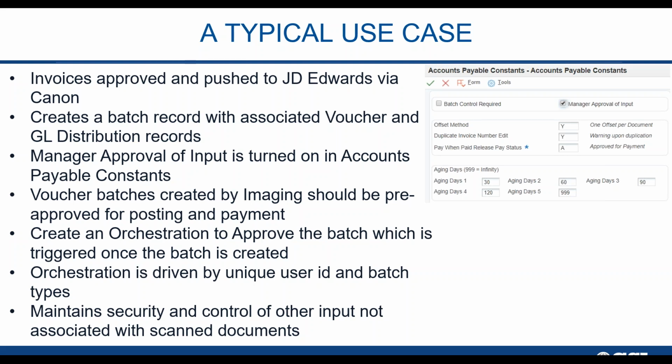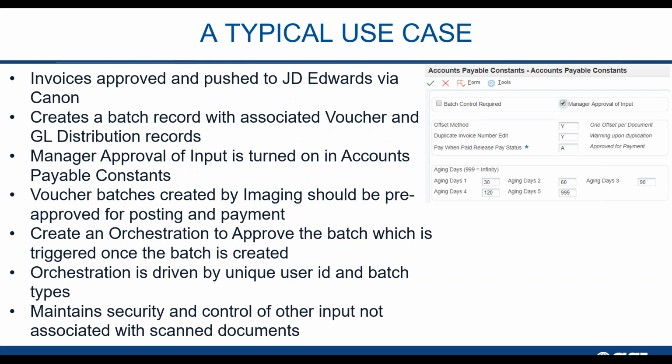Well, if that's the case, I could create an orchestration that will go through and look for that particular user ID and batch, and that orchestrator can approve the batch and literally submit the posting job so that that batch gets posted. So what's the benefit of that? The benefit of that is you can still comply with your security.